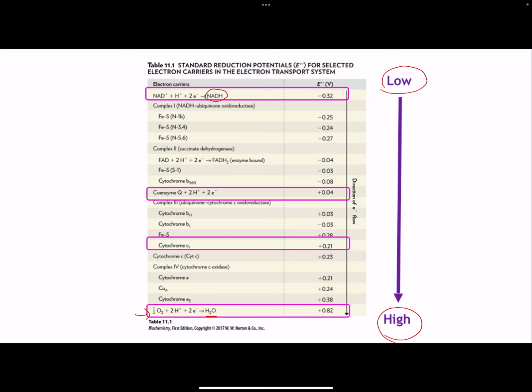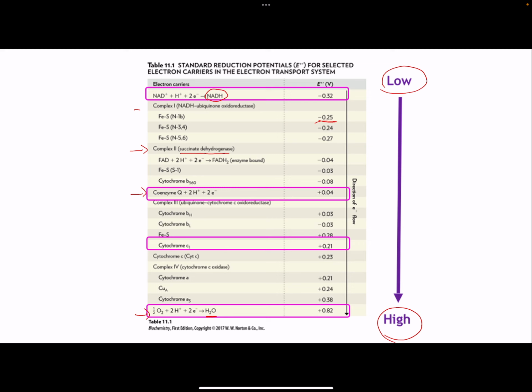So take a look at complex 1. We have negative 0.25. The coenzyme Q is a part of this electron transport chain. But before that, sorry, I missed complex 2 here, which is also succinate dehydrogenase from the TCA.